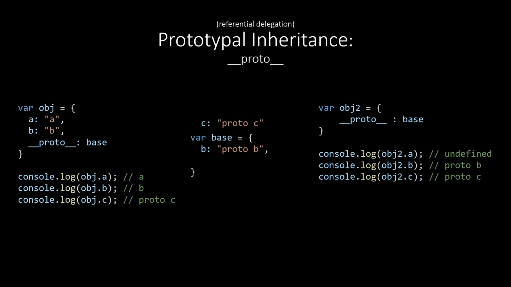My guy also can have a guy. I won't know about it, but if I ask for C, my guy will go, hey, my guy. That gets confusing. But that's what we call a prototype chain. So, reference delegation chain, essentially. But it's called prototype chain in the books.